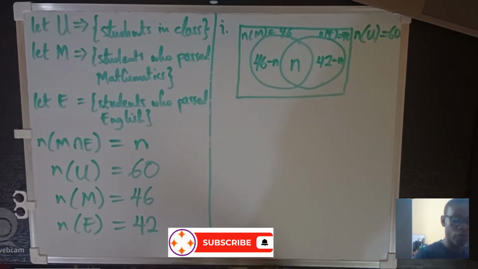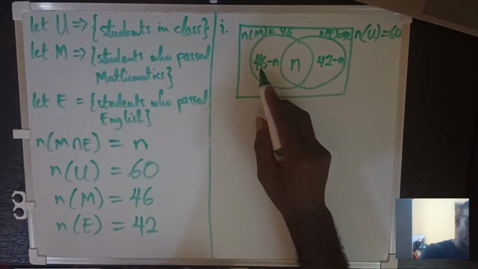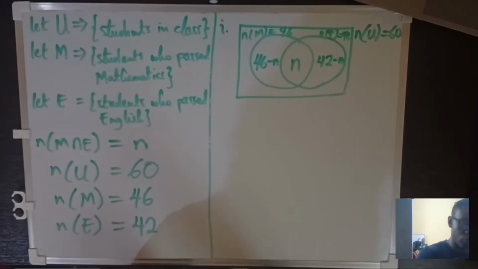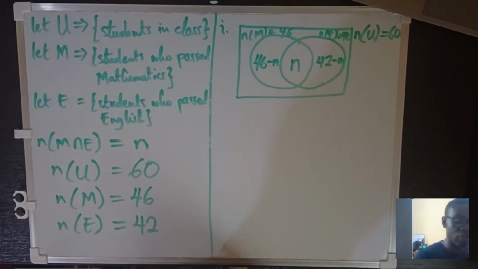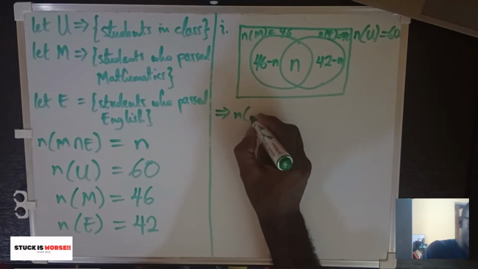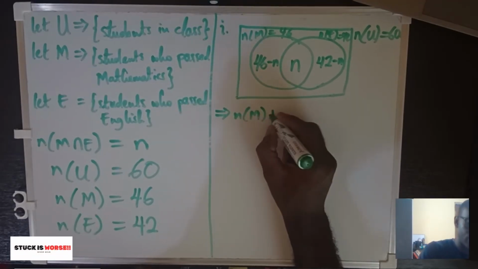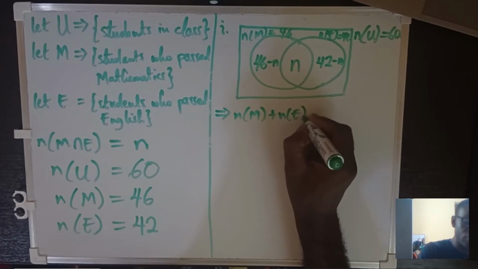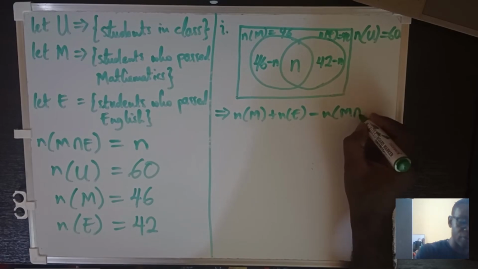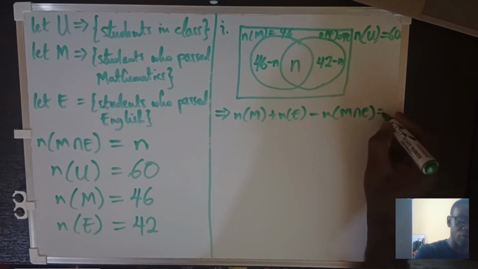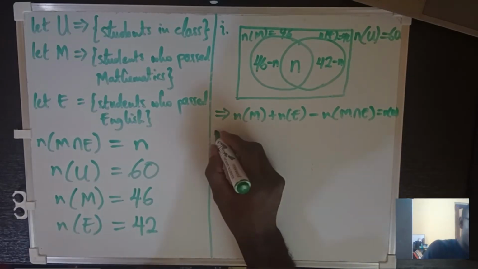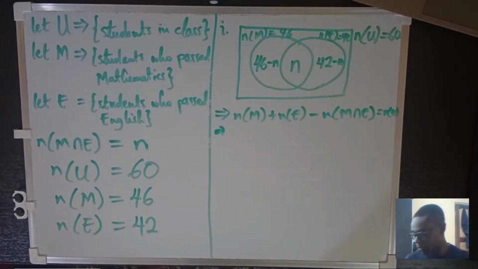To find n, we add everything in the sets and equate it to the total number of students in the class.